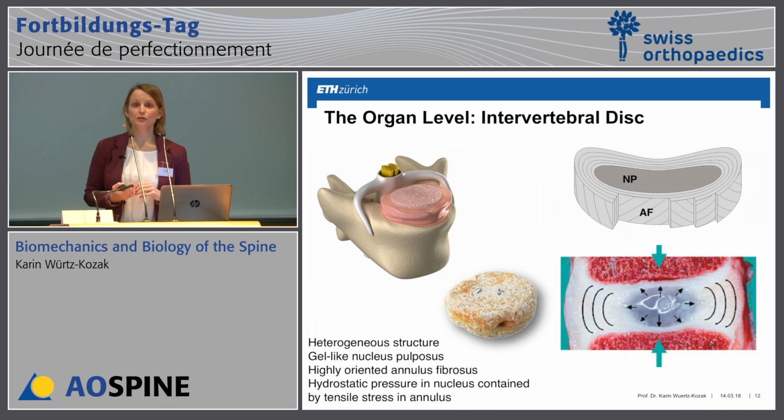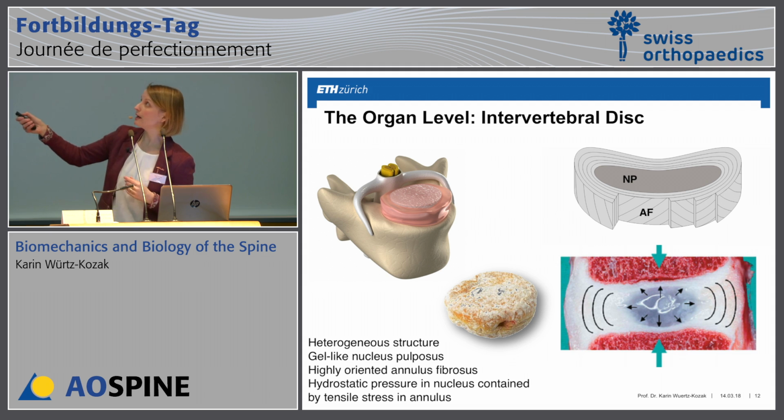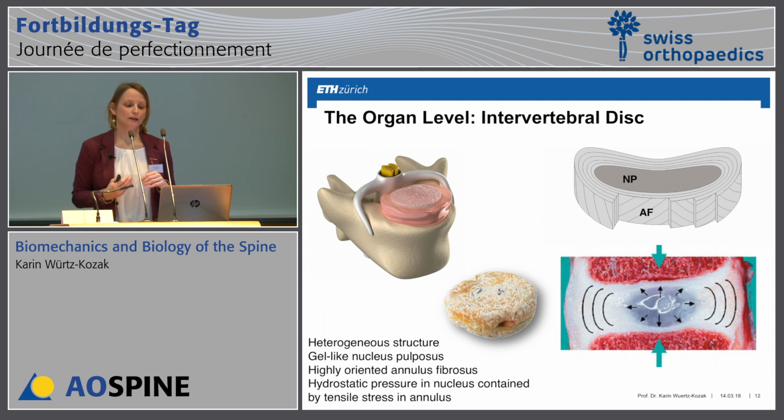Now, the next structure that I would briefly like to talk about is the intervertebral disc. It's a very interesting structure because it's quite complicated in its tissue composition. You have two different zones that you can see here in this little schematic. You have this inner nucleus pulposus that is very hydrated. Lots of proteoglycans, lots of water, and that basically has, in a healthy person, a gel-like structure.